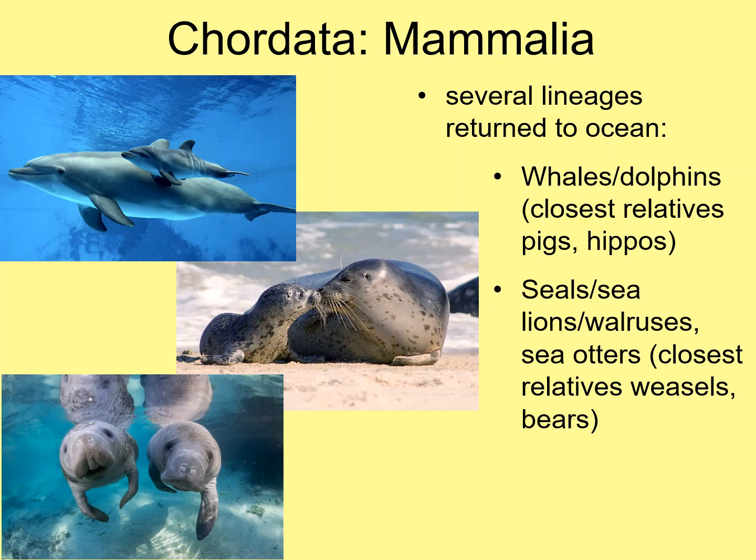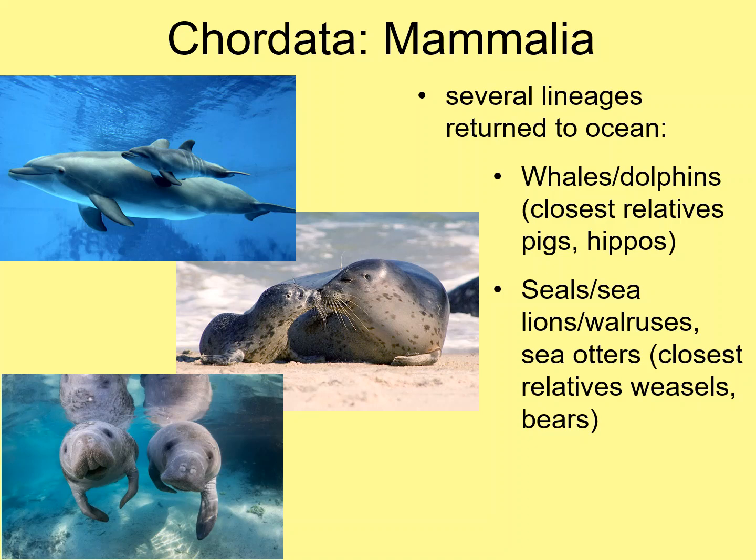It's very strange. It's been a more recent trip back to the ocean for our seals and sea lions. So sea lions and walruses, for example, can rotate their pelvis underneath them and get around on land a little bit better than, say, seals can, who can't do that. Manatees have had the same thing as whales and dolphins.